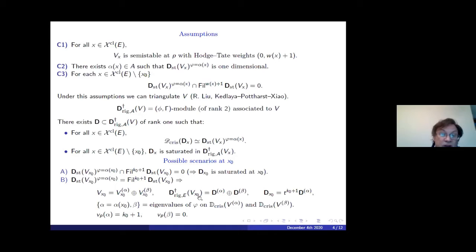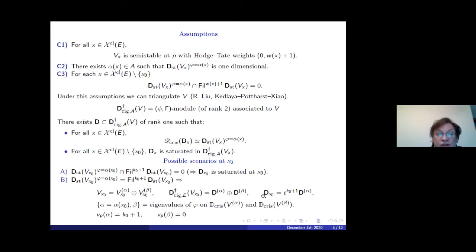We have an associated decomposition of phi-gamma modules corresponding to these representations. And in this case, the specialization of our triangulation D at x0 is not saturated.